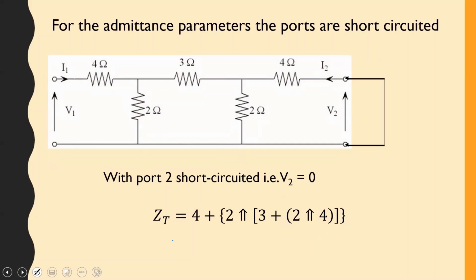With the short circuit, the 4 ohm now comes into play. So looking in, we get ZT.